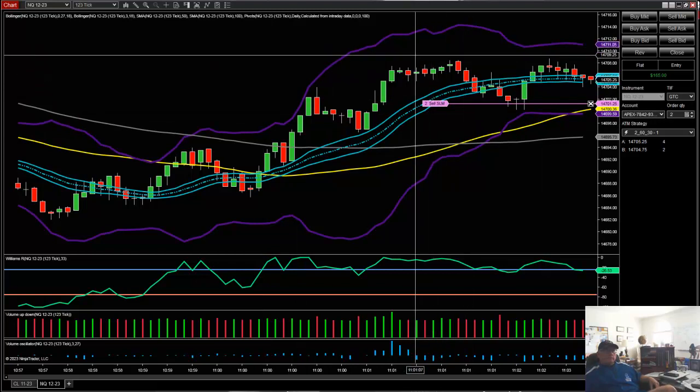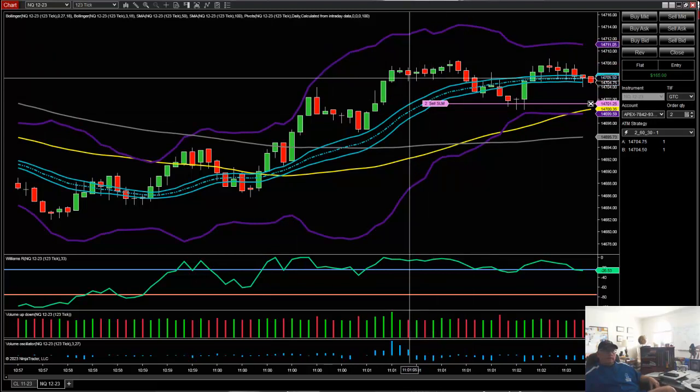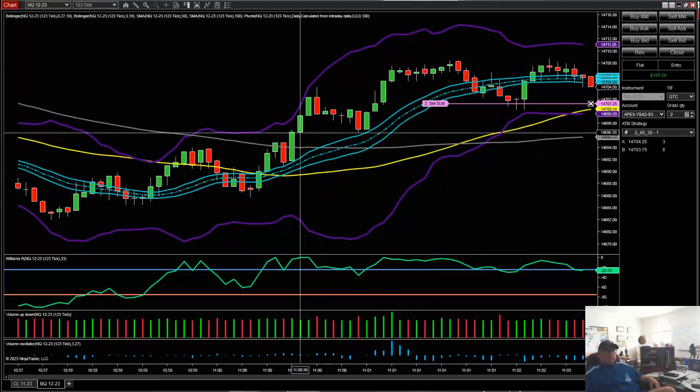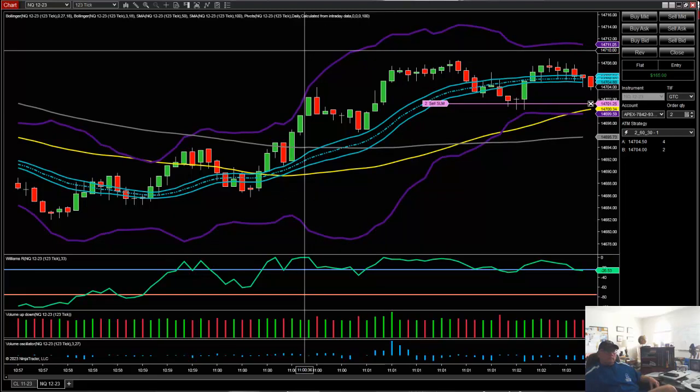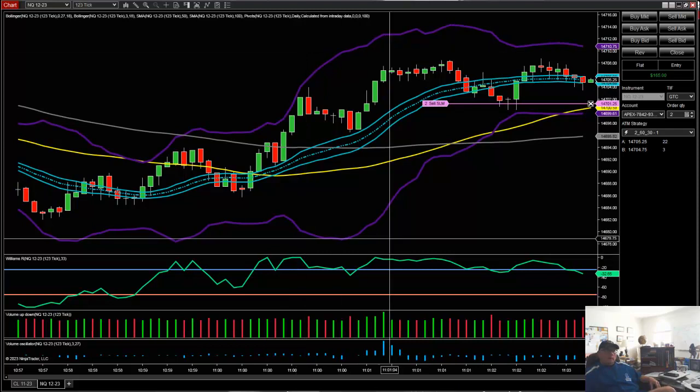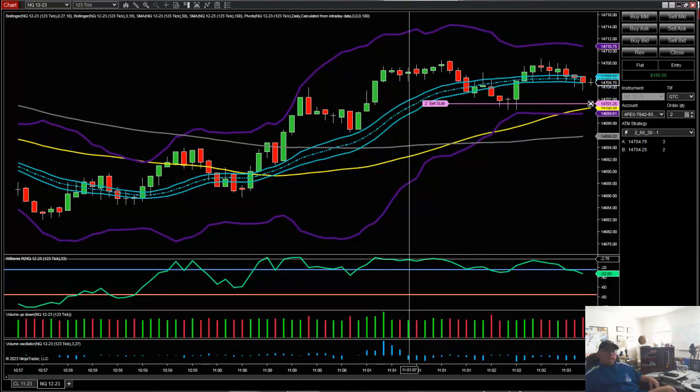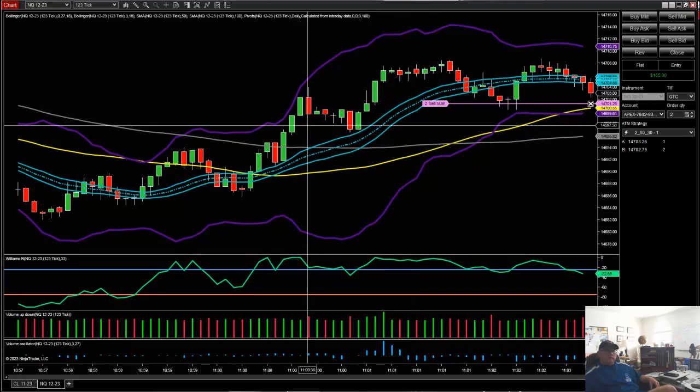So we got a short entry on here, going for the lows. Watching my Williams percent R here.